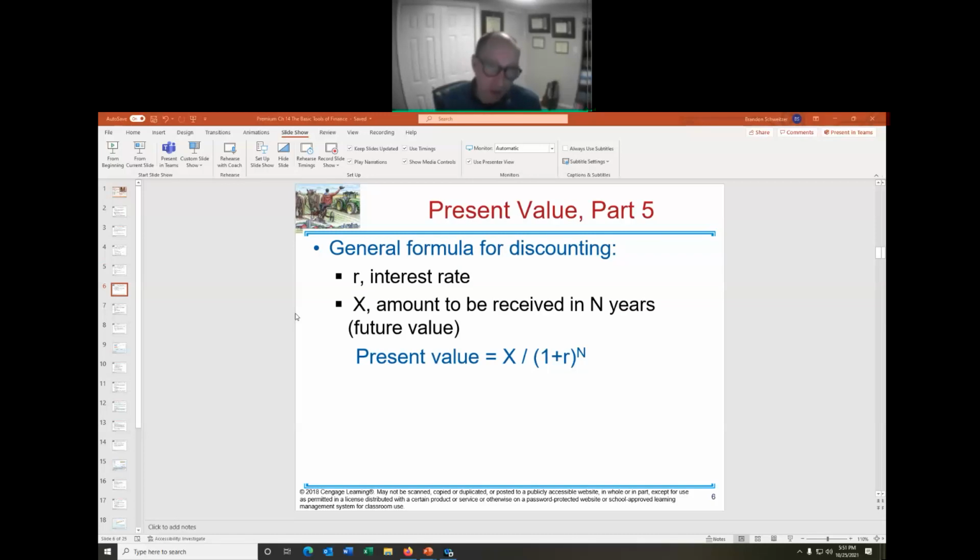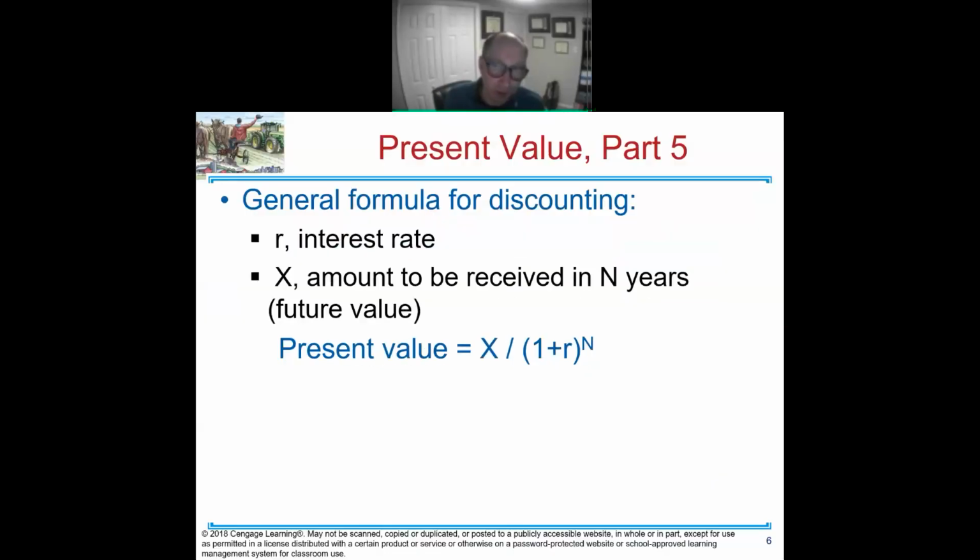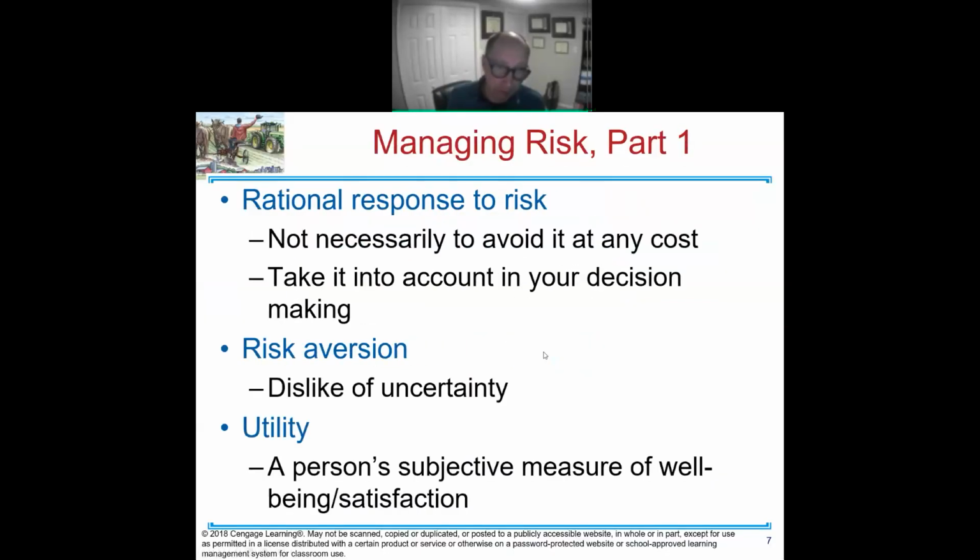And that's the present value formula. The cool thing is you could run that out with really any amounts. It's a fun way to find out how much you would need to invest now in order to generate so much in the future.